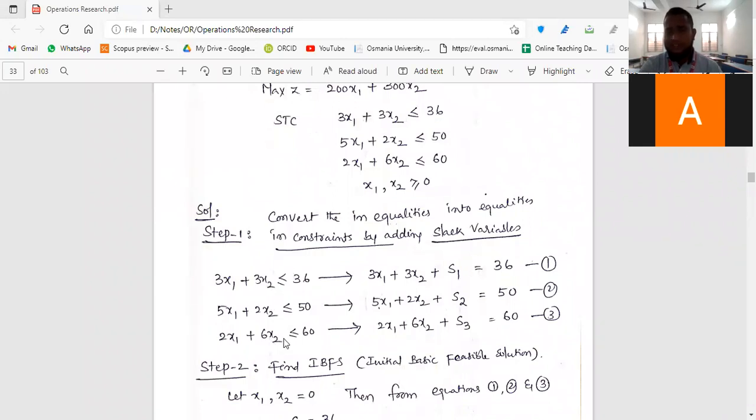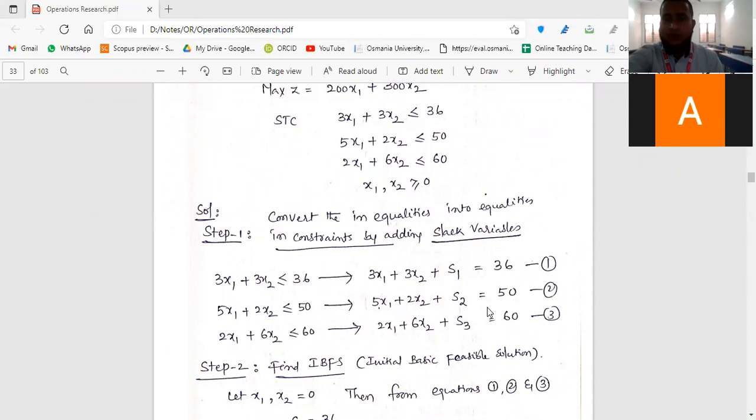These three equations are known as unequal equations because you don't find the equal symbol here. Now what you have to do? You have to convert these inequalities into equality. So you write the same and give an equal symbol in all the equations.